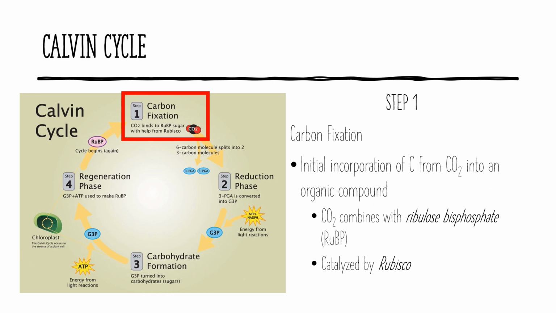Specifically, carbon dioxide combines with ribulose bisphosphate, or RuBP, which is a 5-carbon sugar with 2 phosphate groups. So take note, ribulose bisphosphate, or RuBP, has 5 carbons and 2 phosphate groups. Now, Rubisco is the enzyme that catalyzes this first reaction, as you can also see here in this part.